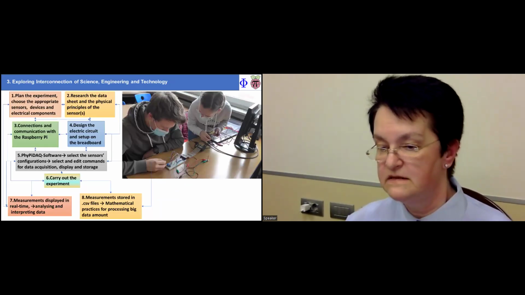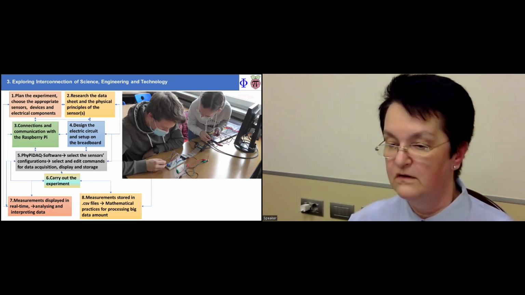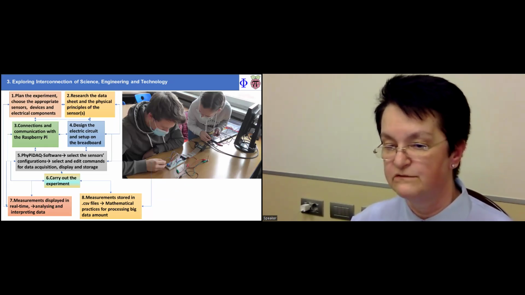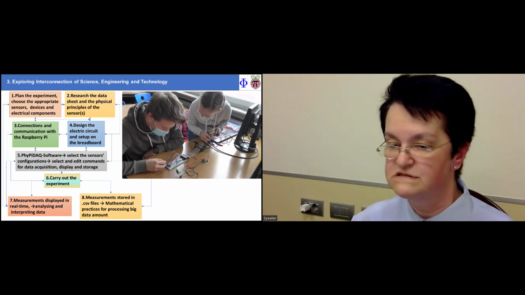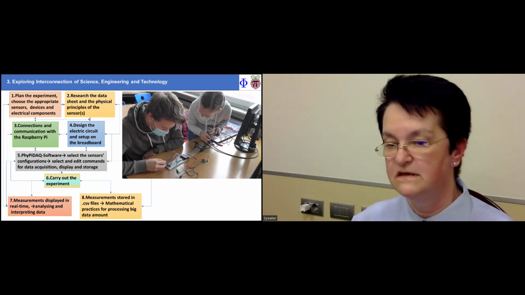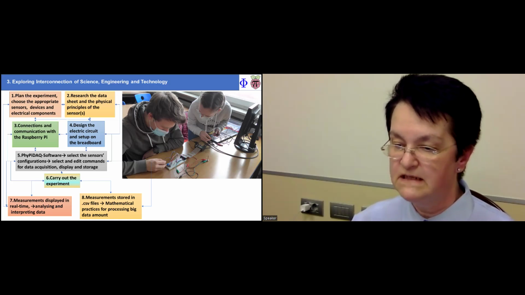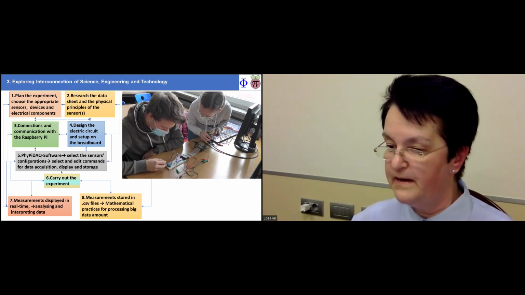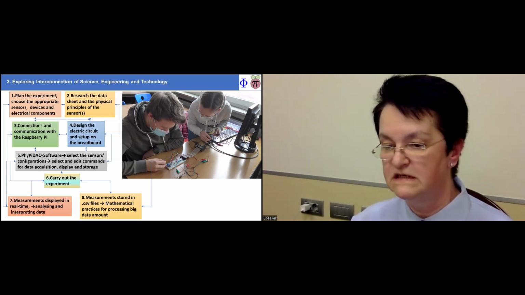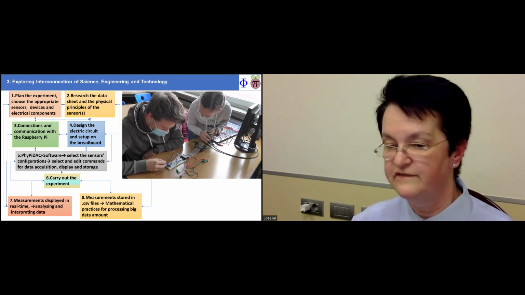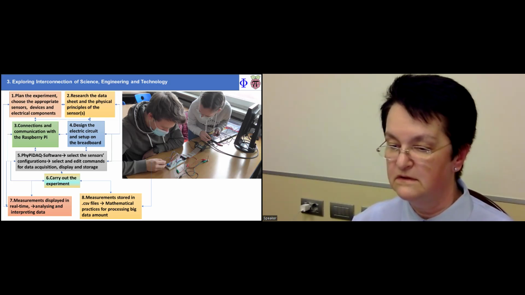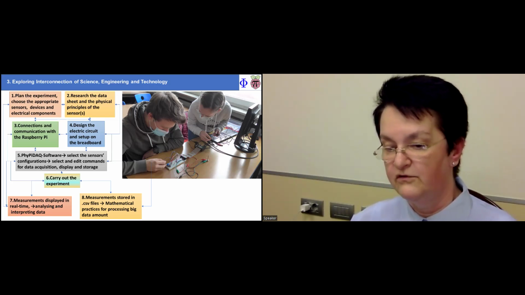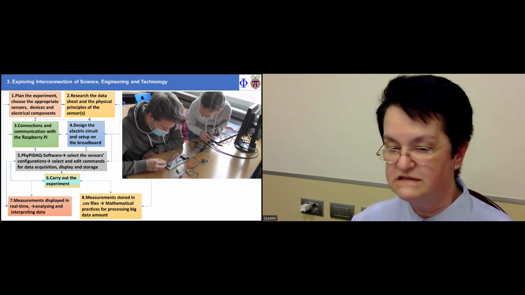And here are some steps of the whole process where they plan the experiment first, choose the appropriate sensors, read the data sheets of those sensors, and look for the physical principles of the sensors. Then they think about connection and communication with the Raspberry Pi, about the digitalization of the signals, fundamentals of electronics. Then they go further, they work on wiring on the breadboard, configure the software, carry out experiments.